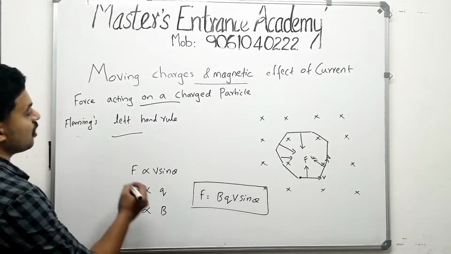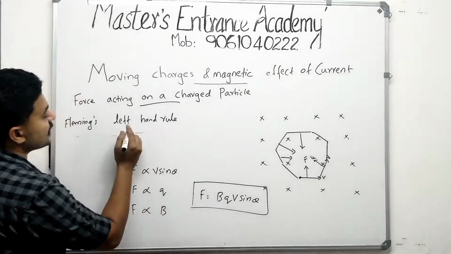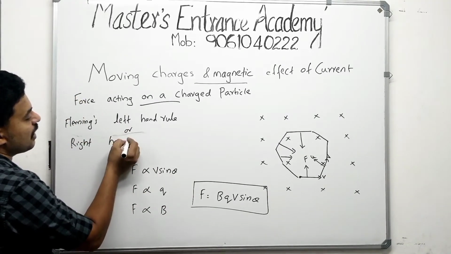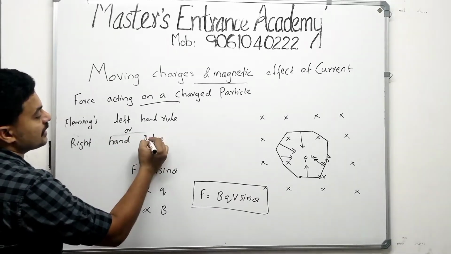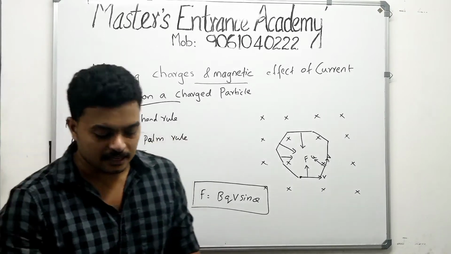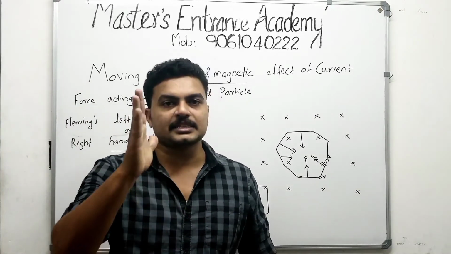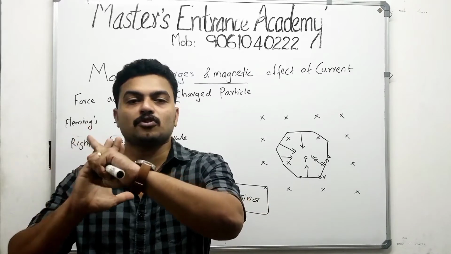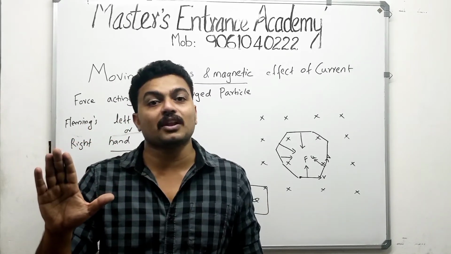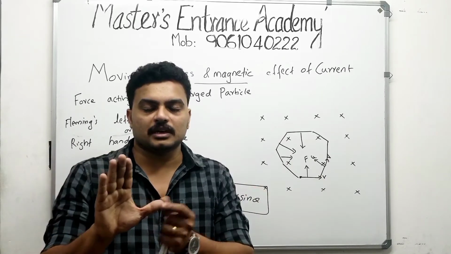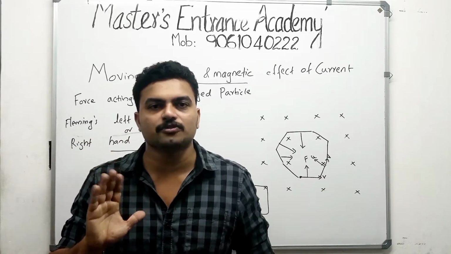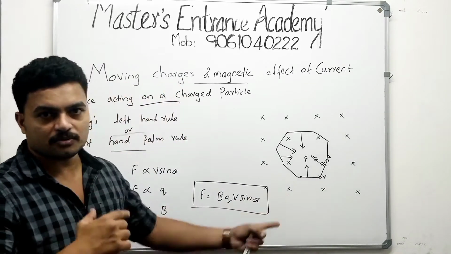The right hand palm rule says: imagine a person's right hand such that the forefinger indicates the direction of the magnetic field, the thumb indicates the direction of velocity or movement of the charged particle, and the palm indicates the direction of force. Clearly we can use this law here.